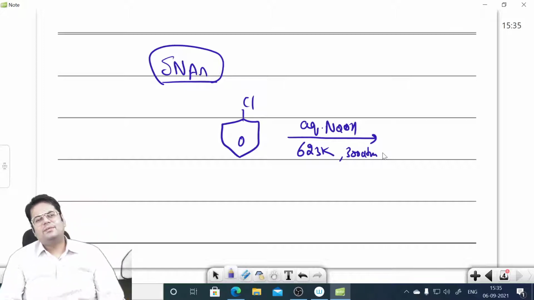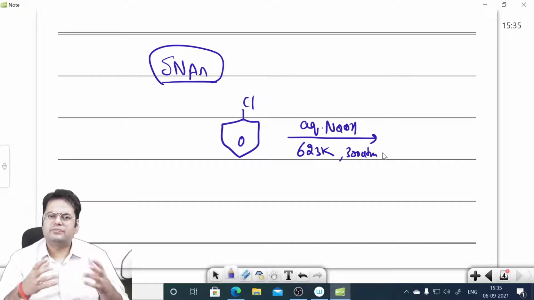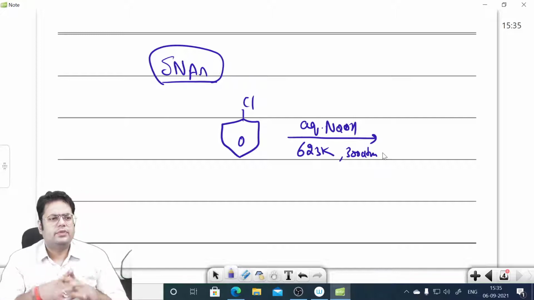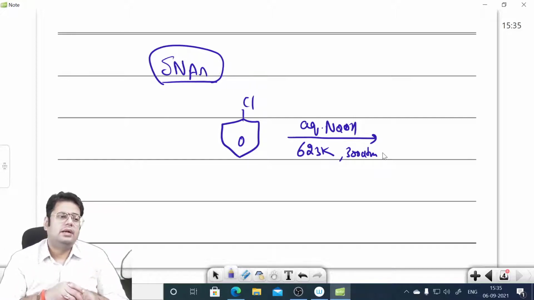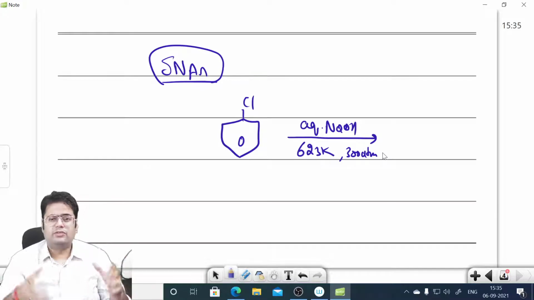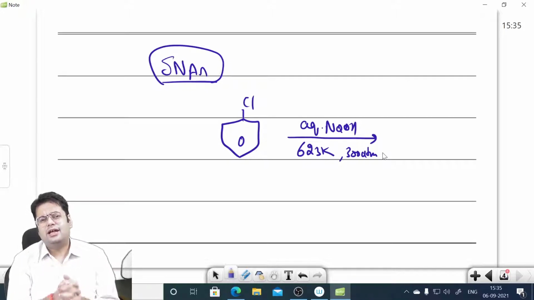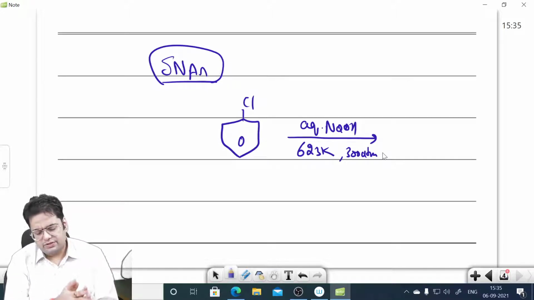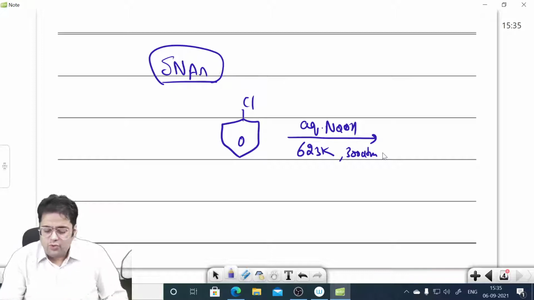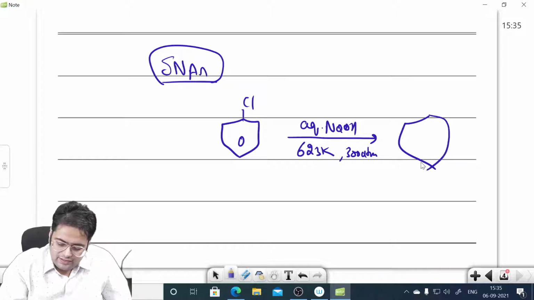So we can simply assume that benzene is something like a very naughty student, and we want to convert chlorobenzene into phenol, but he's not ready to do it. He doesn't want to get transformed into this. So we will heat it, apply a whole lot of pressure, and then it gets converted into phenol. You might think of it like this.